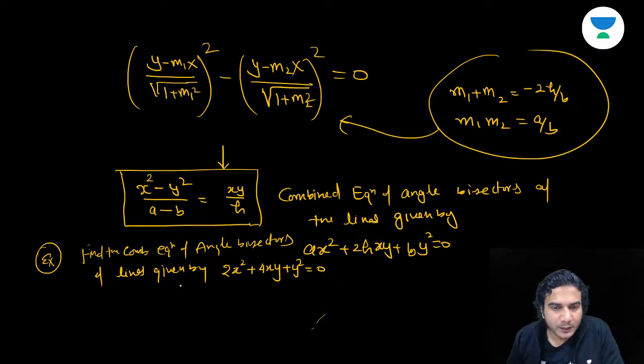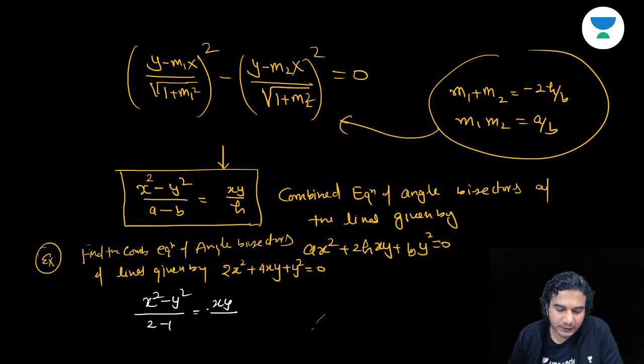So the combined equation is going to be, in this case, x square minus y square upon 2 minus 1 is equal to xy upon, how much is this? Compare.